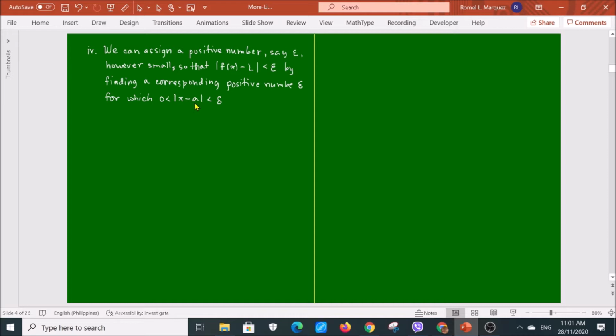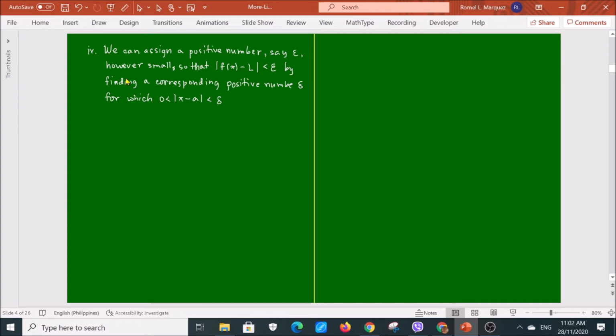Remember, x is not equal to a. And remember, the absolute value of x minus a is positive, so it is greater than 0 because it cannot be equal to 0. But of course, we want it to be less than such positive number delta, because I can always think of a number, let's say delta, such that this difference is less than that.